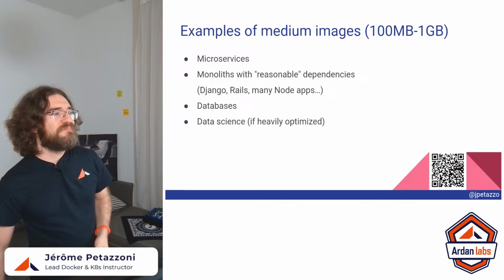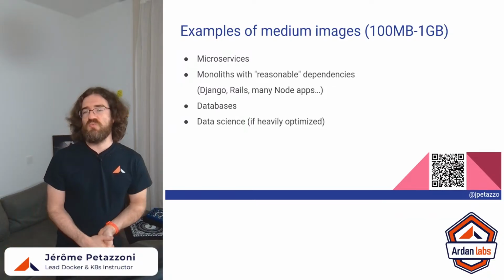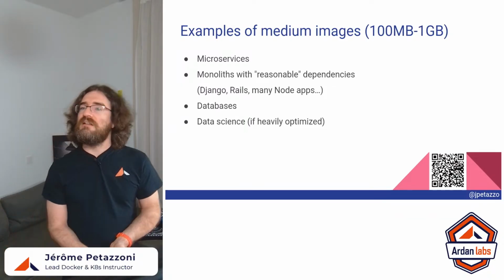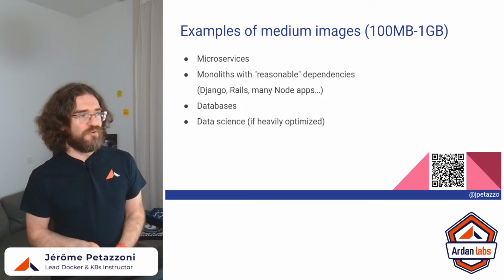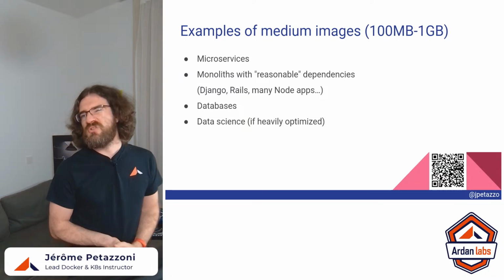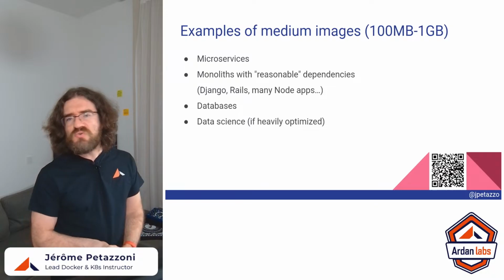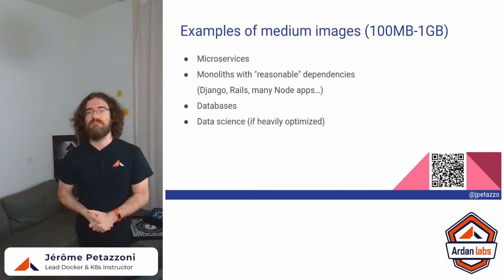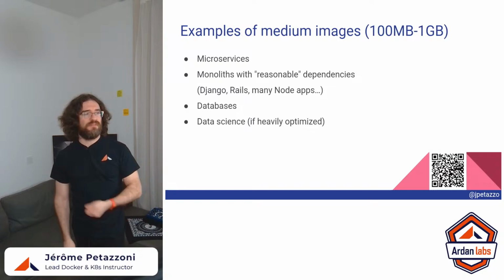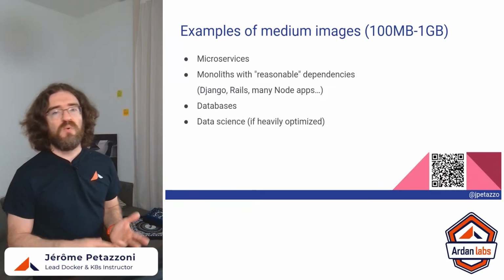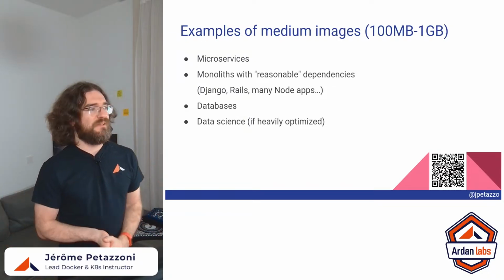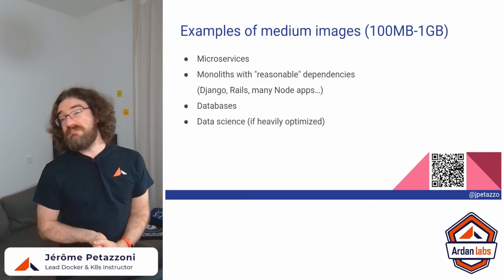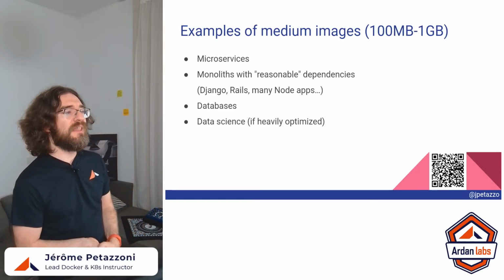The next range, medium images, 100 meg to 1 gig, we are still in perfectly okay territory. That's going to be microservices that haven't been too optimized, or monolith stuff with Django, Rails, Node without a ton of dependencies. Database images are usually in that range as well.